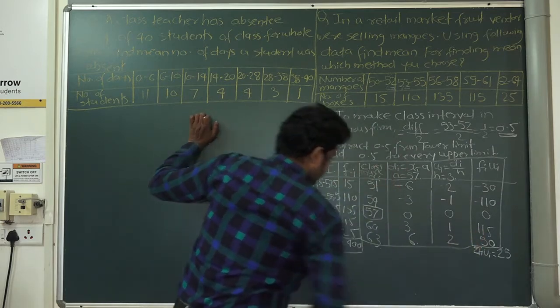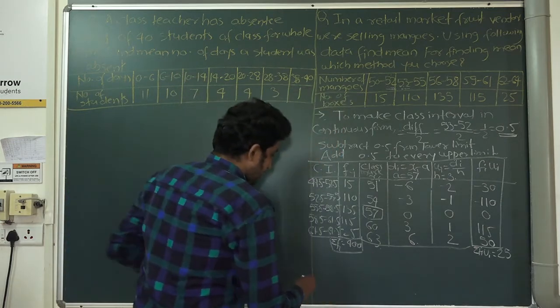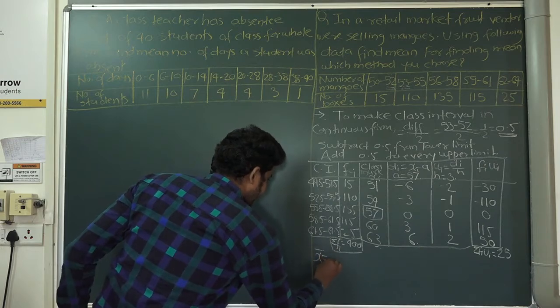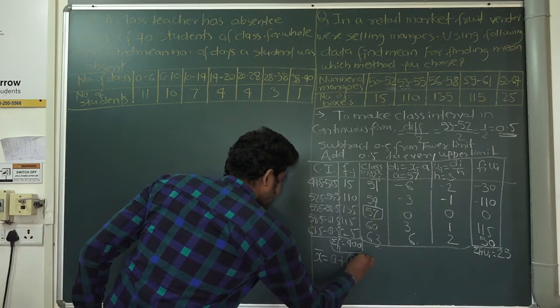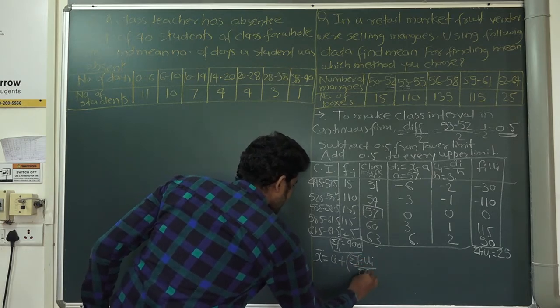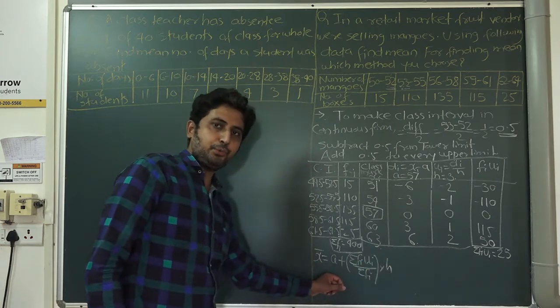So dear students, we have the formula: mean x bar is a plus summation of fi ui upon summation of fi, into h. That is the formula that we know.